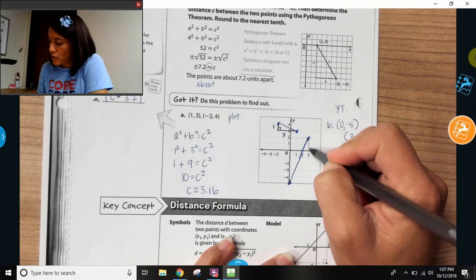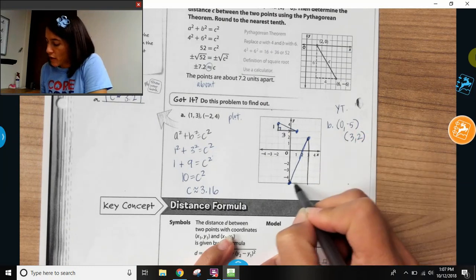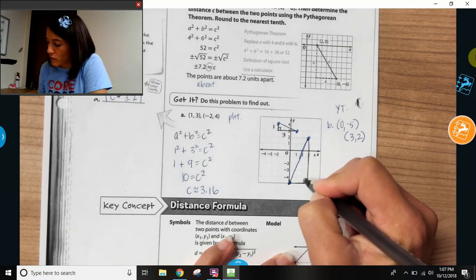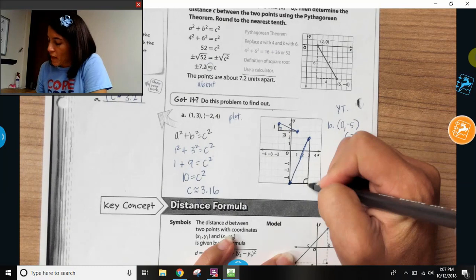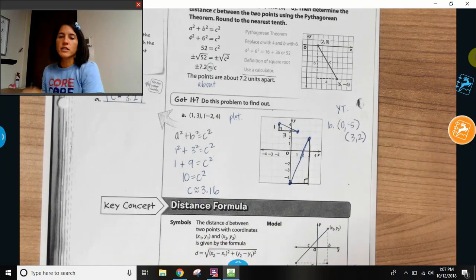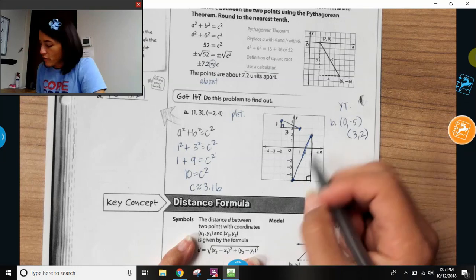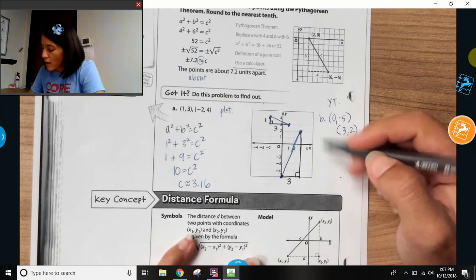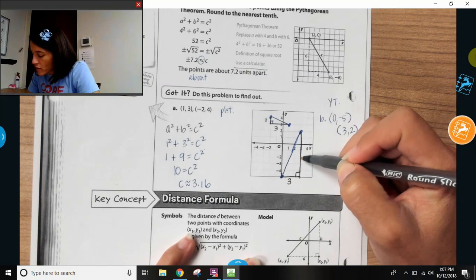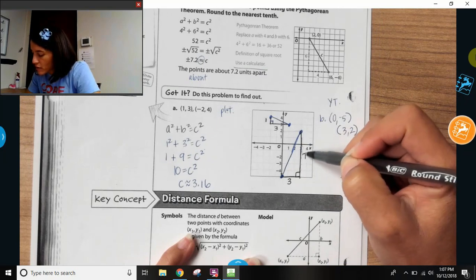I'm just going to go below so I don't cross into that other triangle. It doesn't matter. Your right triangle is going to be the same. And remember, when we're doing distances, we're going to take the positive value. So my leg right here is 1, 2, 3 units. And 1, 2, 3, 4, 5, 6, 7 units.